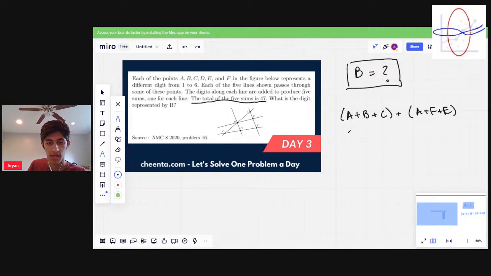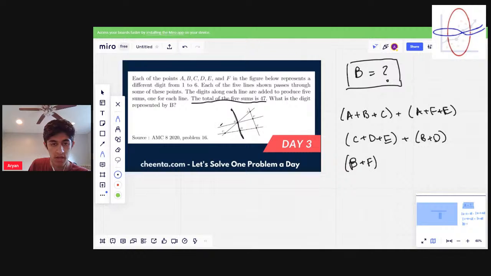And now we have our next sum, say C plus D plus E, and this obviously is the line drawn across. And then for our final two, we have B plus D, which represents this line right here, and then we have B plus F for this final line right over here. So these give us our 5 sums.